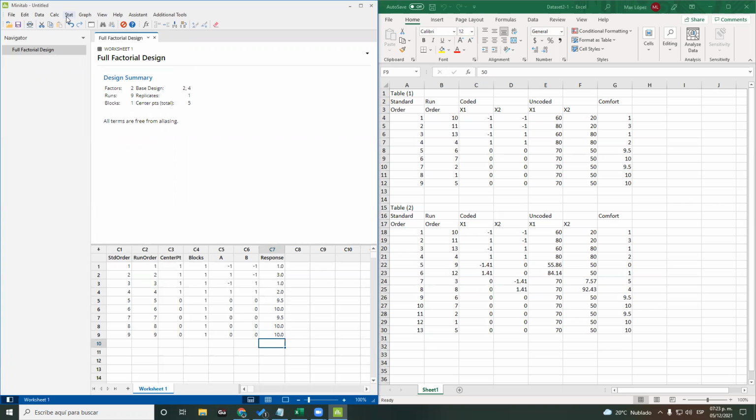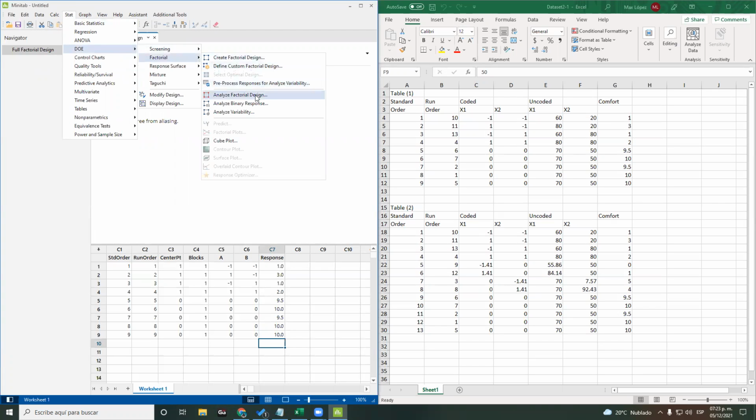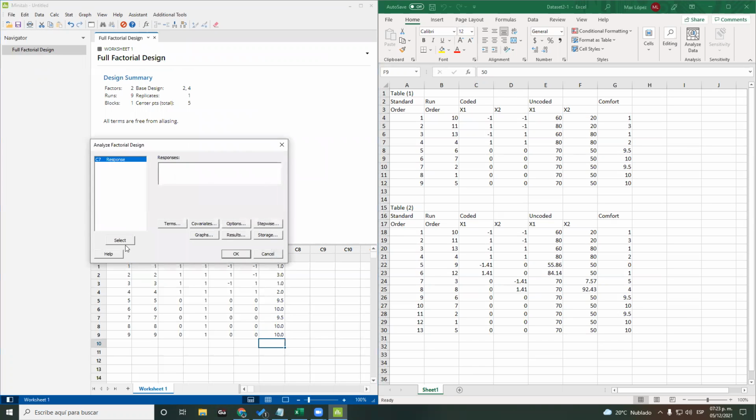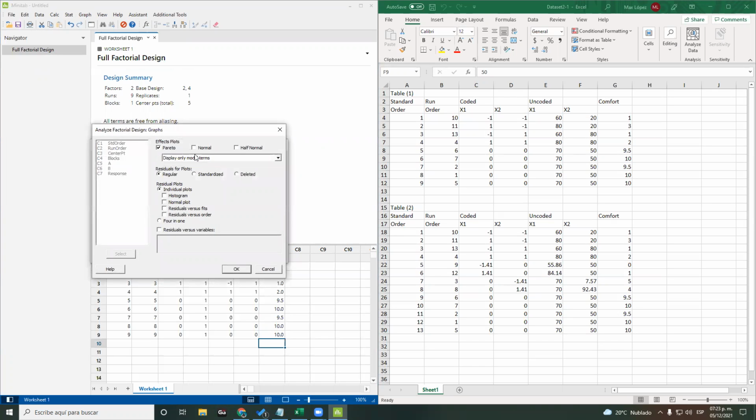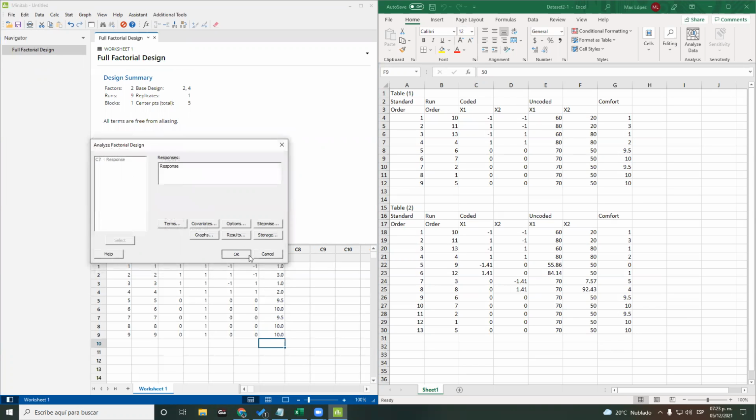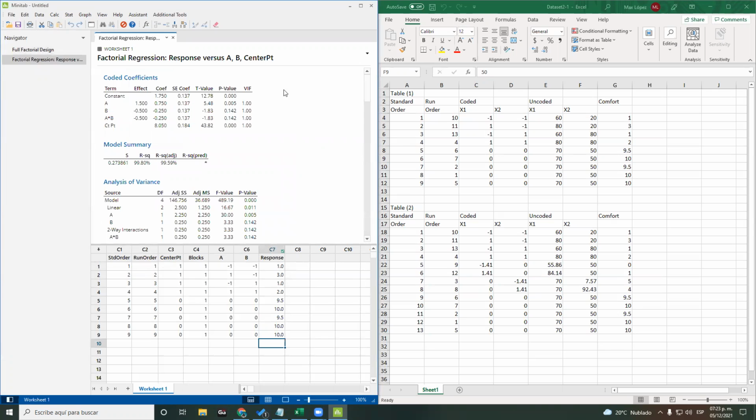Okay, so now we can analyze this factorial design. In the graphs, we include the normal and half normal plots, and the four-in-one residuals.